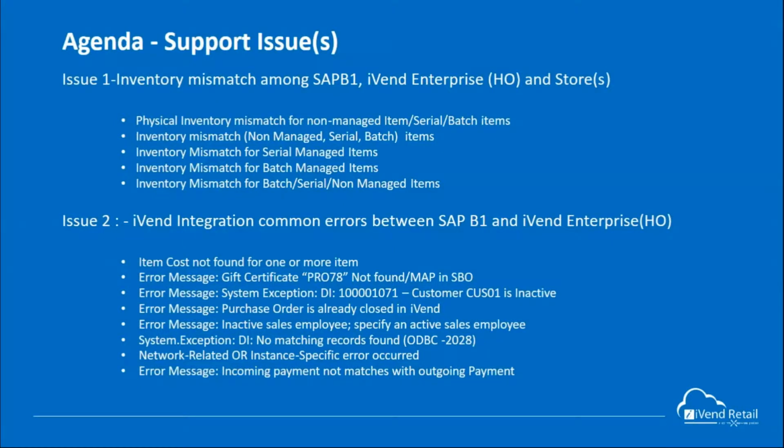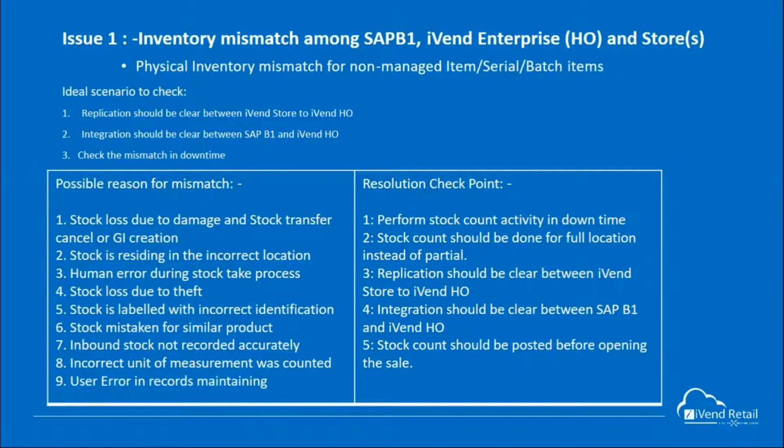So let's proceed. The most common issue regarding inventory mismatch is reported mostly by store managers when they are either unable to receive the stock transfer or the inventory is not available at the point of sale.